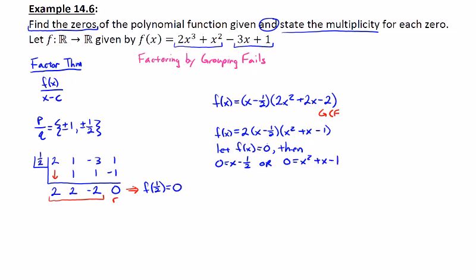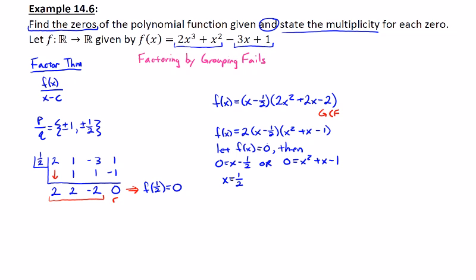The first factor of x minus 1/2, when we set that equal to 0, is going to give us some redundant information. We already know that 1/2 is going to work. The synthetic division told us that. So this is just going to reiterate the fact that 1/2 is supposed to be one of our answers.